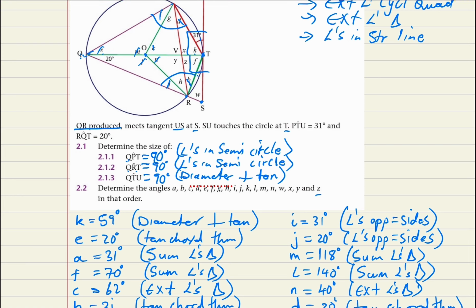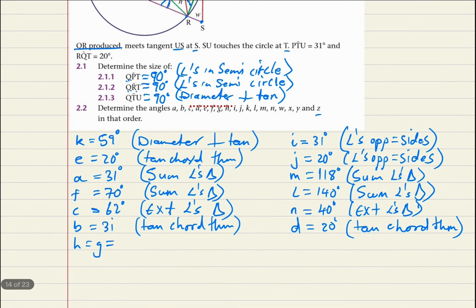I'll say 180 degrees minus, what is C, what is N? Minus C, my C is 62 degrees, minus, what is my N? It is 40 degrees. So these are equals to 78. Then they will say divide by 2, which is equals to 39 degrees.